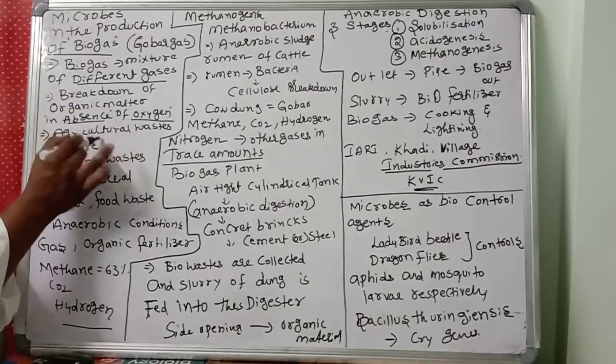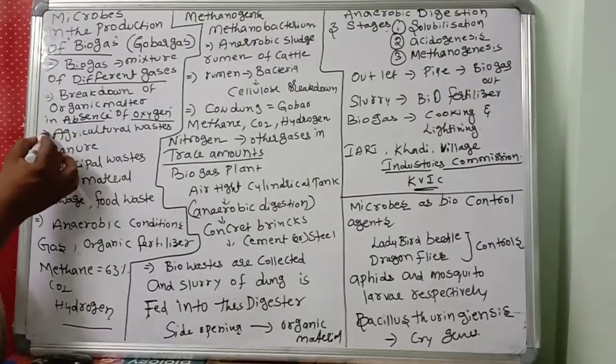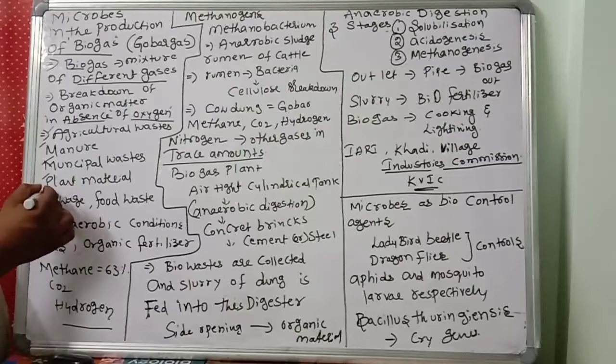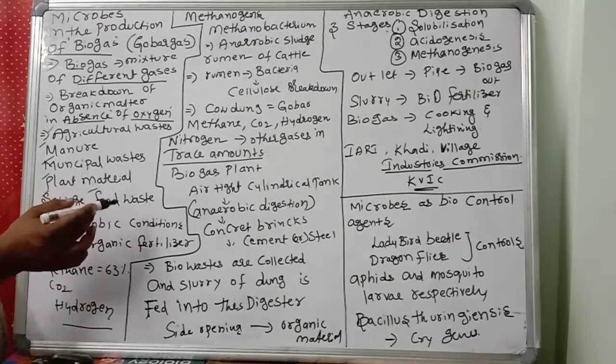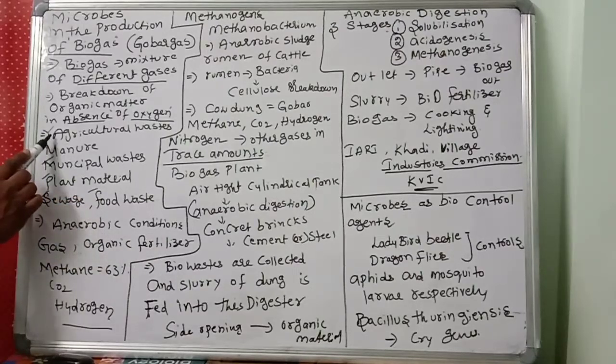In the absence of oxygen, we can produce this by using agriculture waste, manure, municipal waste, plant material, sewage, and food waste. By using all these organic materials, we can produce biogas.